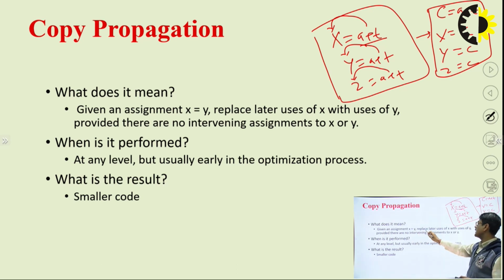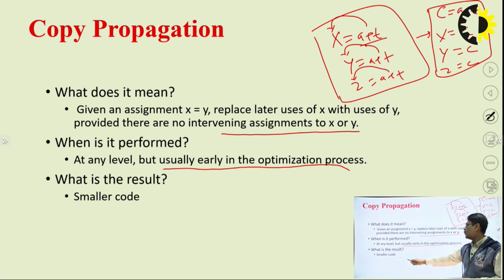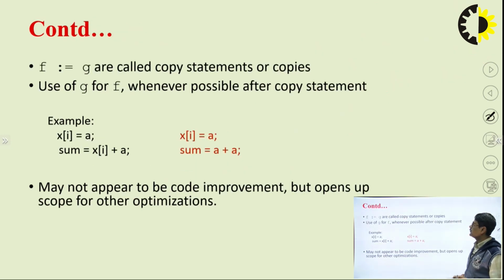Given an assignment x = y, replace later uses of x with uses of y, provided there is no intervening assignment to x or y. When it is performed at any level, but usually early in the optimization process, the result is smaller code. So you have to see the difference: it is smaller code versus larger code. Here f = g, for example x = f, f = z are called copy statements or copies.